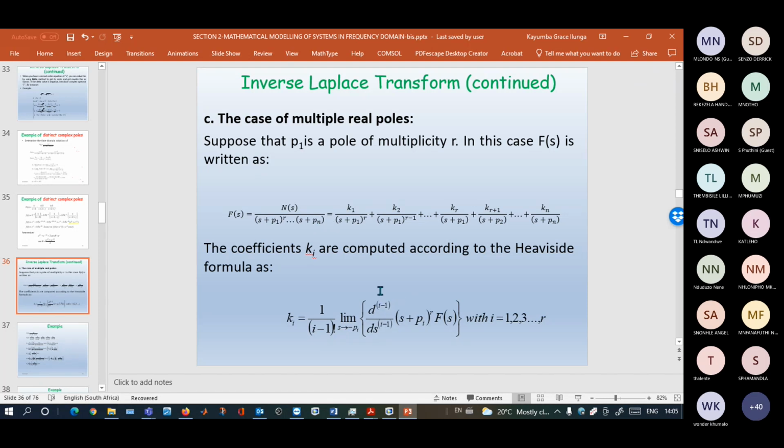Then inside we open the bracket and do the derivative of the factor under the pole, the denominator, times this function, where i is equal to 1, 2, 3, and so on. Are we together? So this is just a formula. By solving an example, we're going to understand what this one means.